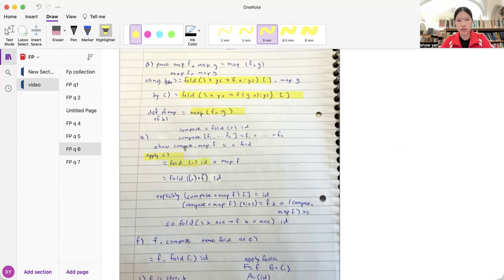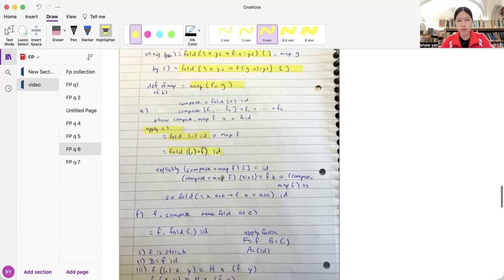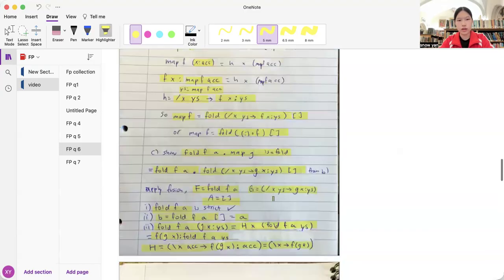This is just the definition of compose, right? Uncomposed of mapf. So then this is just applying C and we would get this. And then if we write this out explicitly, we could write it out this way with pattern matching over here. This would just be pattern matching. Or we can just write it in terms of a function like this that takes x and ACC, and then it would return fx of AC composed of ACC. So yeah, that's the idea.